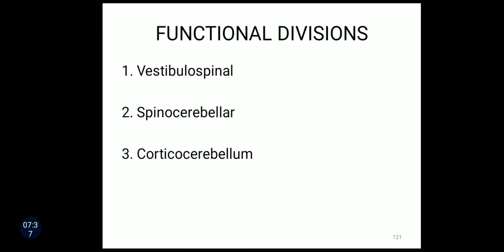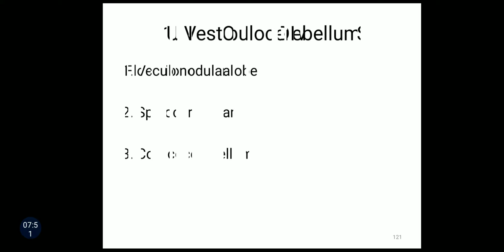Then functional division. Functionally, cerebellum is divided mainly into three divisions: vestibulocerebellum, spinocerebellum, and corticocerebellum. First one is vestibulocerebellum, which mainly includes the flocculonodular lobe.